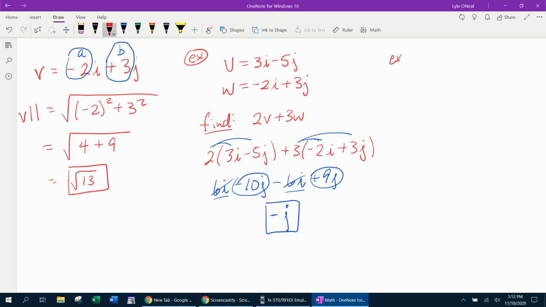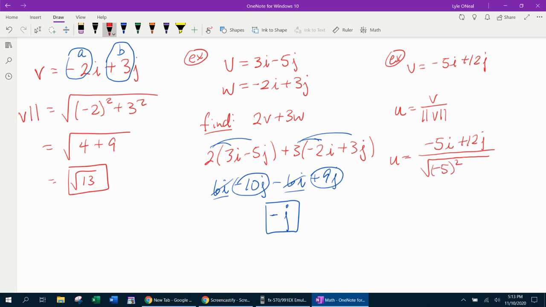Next example. Here we're going to be given vector v is negative 5i plus 12j. And the instructions say find the unit vector. So the unit vector is v over the magnitude of v, which is going to be negative 5i plus 12j, divided by its magnitude, which is the square root of negative 5 squared plus 12 squared.